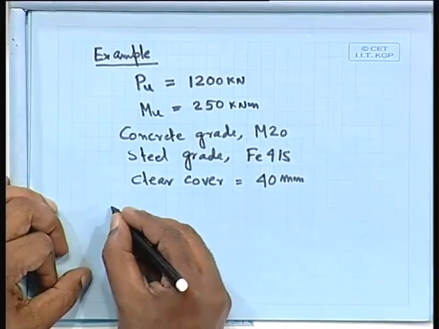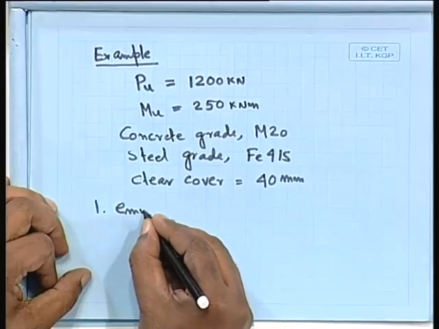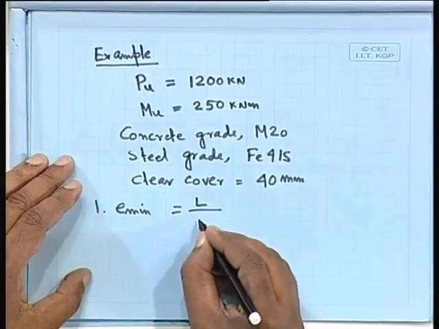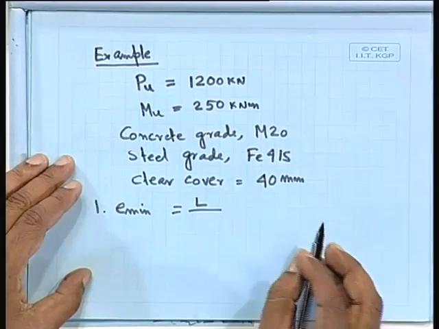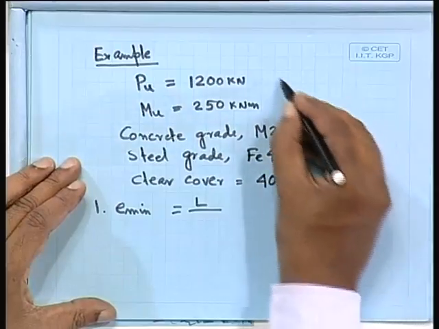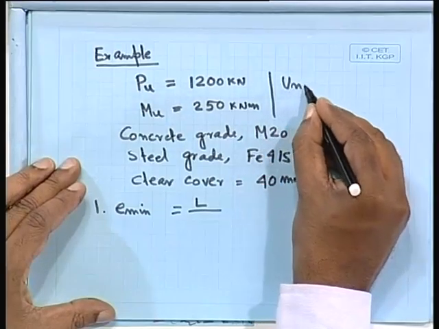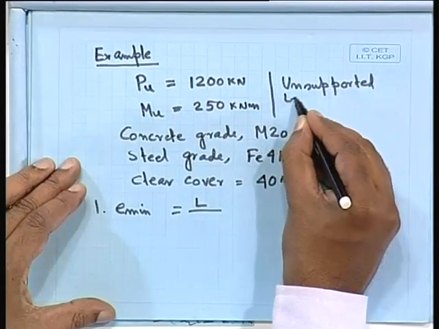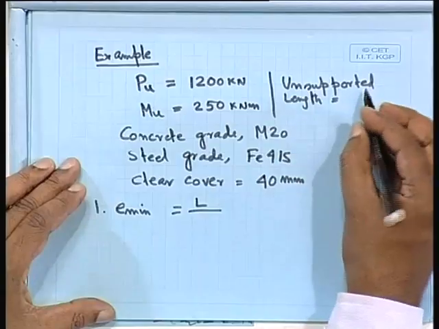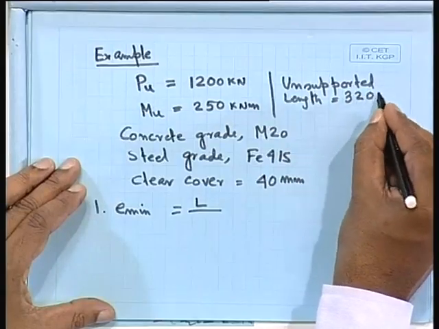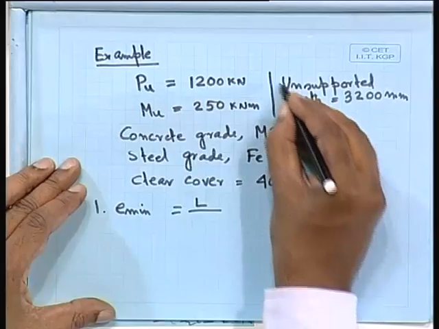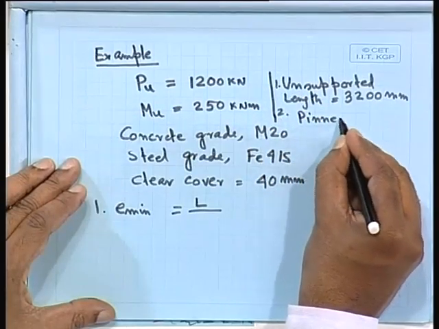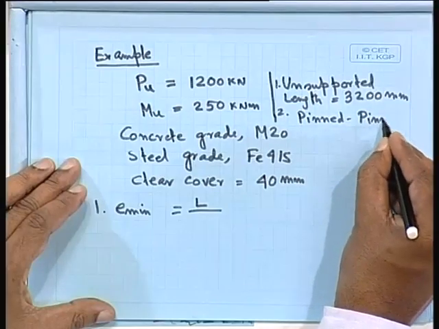Now, whatever the E mean will be equal to, then let us take for this the unsupported length equal to some millimeter, and it is a pinned case, and both joints are hinged.